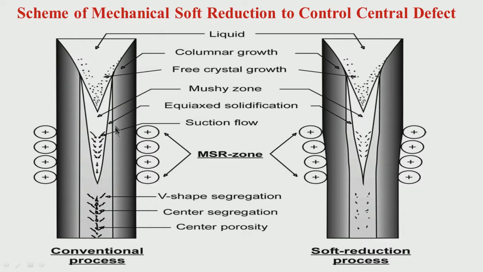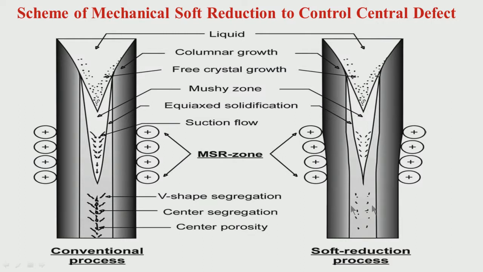So, identification of the final stage of solidification is important, then only you can decide where you will put the mechanical soft reduction, what is the zone of mechanical soft reduction, what is the effective area of mechanical soft reduction. If you give mechanical soft reduction here instead, when the solidification is maybe 80% complete, it will be of no use.